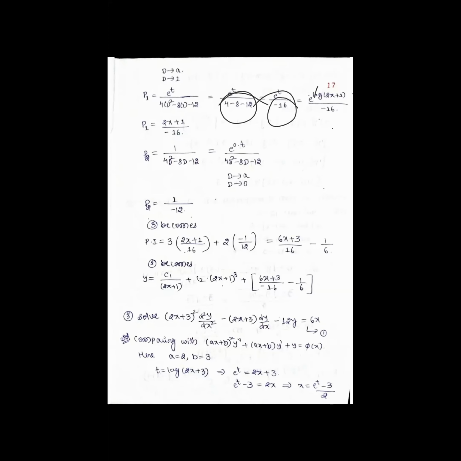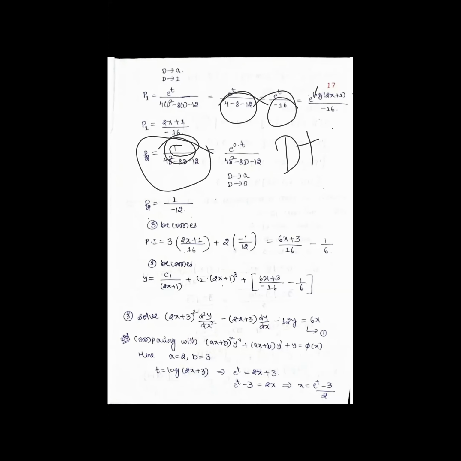After this I'll come to P2. 1 upon this. So 1, I told that constant terms we can always write in terms of exponentials. Even cos of 0 into t also you can write. You can apply the second method. But for our convenience, type 1 will be simple. So 1 I'll write as e raised to 0 into t.